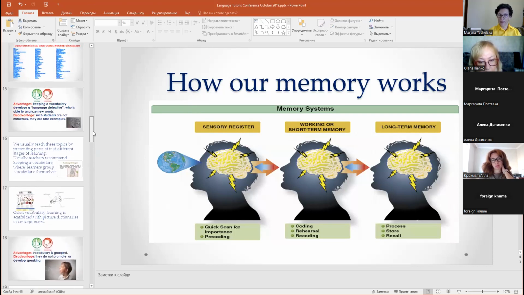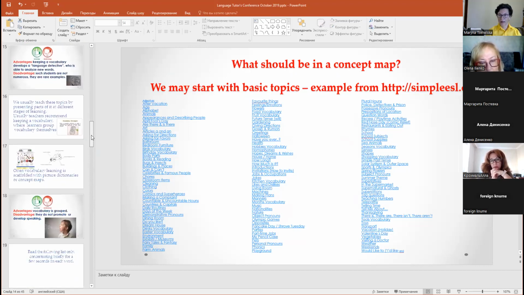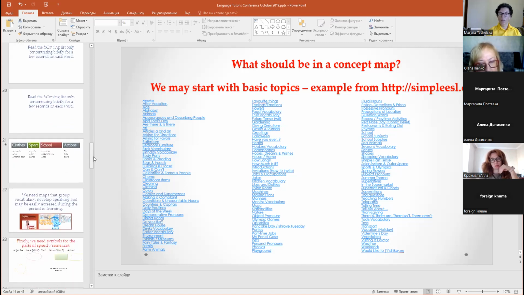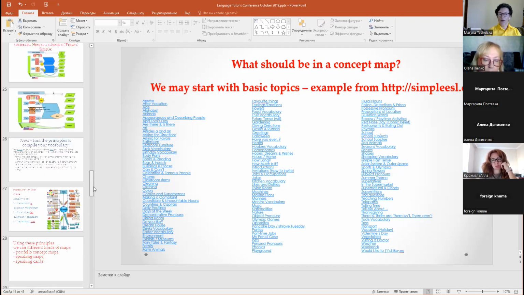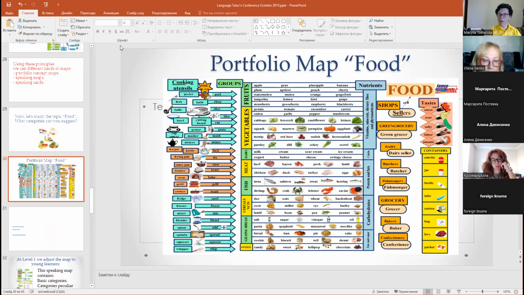So for this, we won't teach this vocabulary neither in chunks nor in groups or in high frequency words. What we will be doing is getting back to this map every time our students have the topic of food.